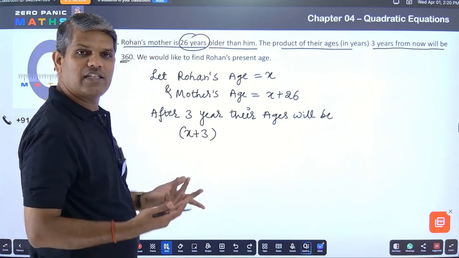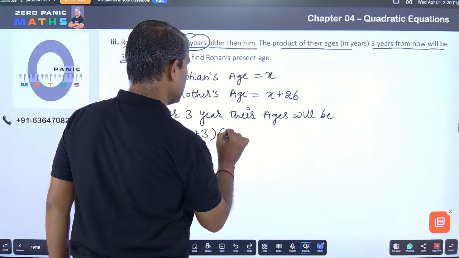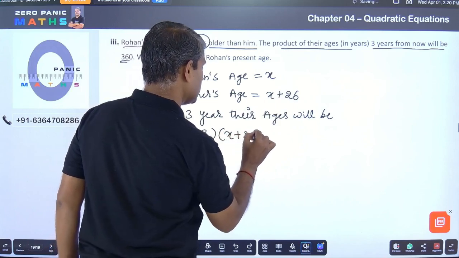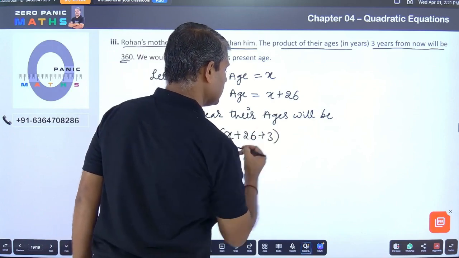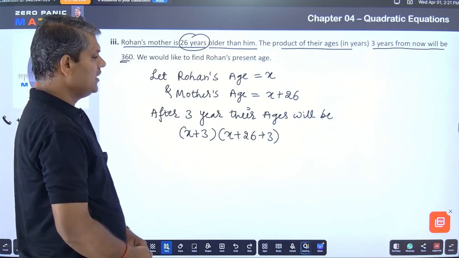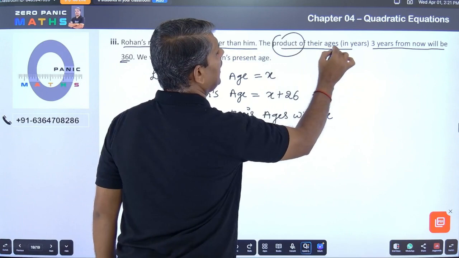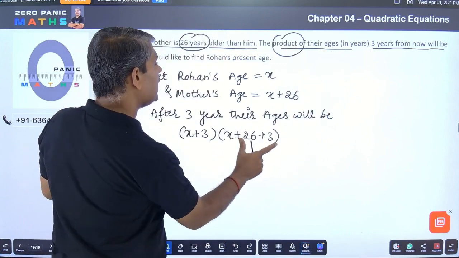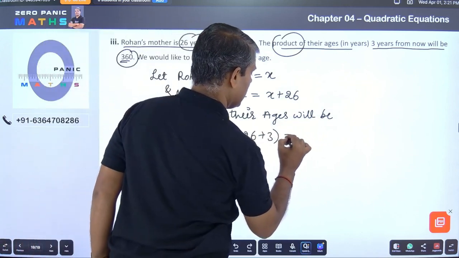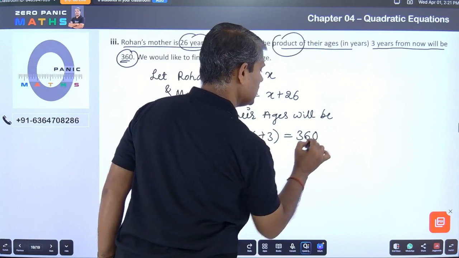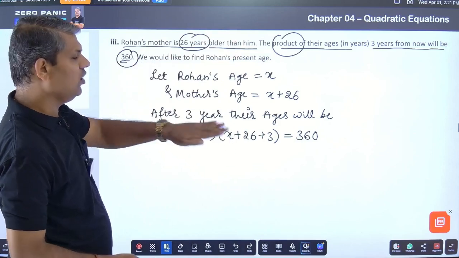After 3 years it is x plus 3, and the mother's age is x plus 26, and after 3 years it will be x plus 26 plus 3. You understood this? And the product of their ages after 3 years is 360. Let me write this as 360.